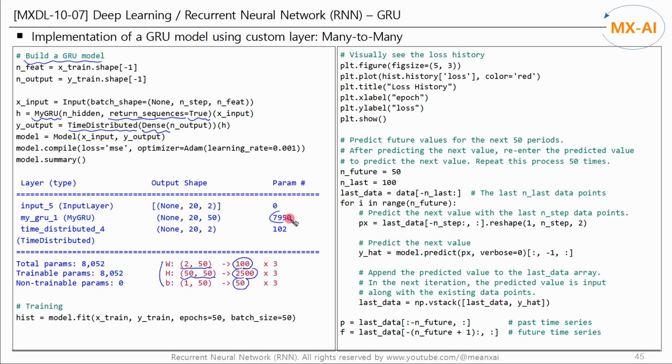So the recurrent layer contains 7,950 trainable parameters, which is the sum of the number of these elements. The output layer contains 102 parameters in W and B matrices. Therefore, this model contains a total of 8,052 trainable parameters. The rest of the code is identical to the code in the previous video.